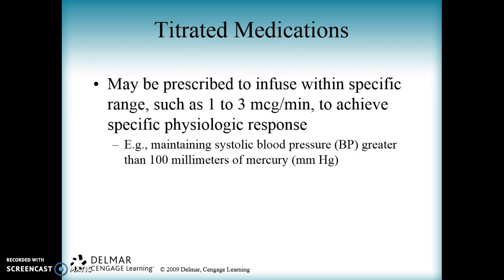So we're going to actually be calculating both the top and the bottom range of medication, so that we know which amounts to start with. Typically we'll start off with the lowest amount and work our way up to the highest amount. Keep that in the back of your mind as you're working these problems.